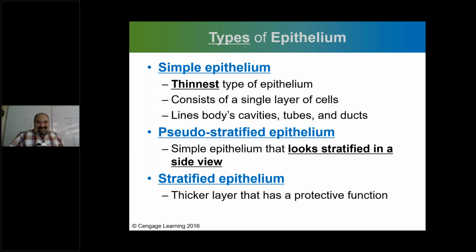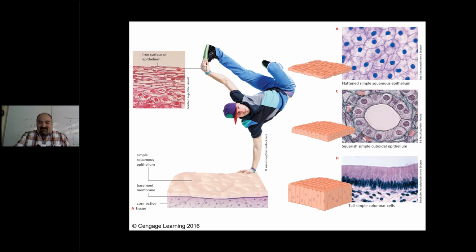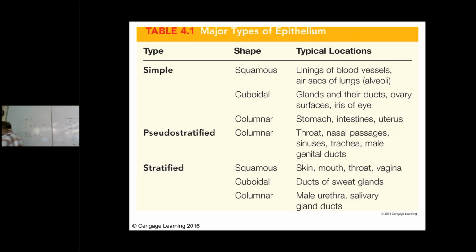I have no idea, very flexible to be able to do that. So next slide, showing you again examples, and also showing you that not only do we have different types of layers, but there are the shapes. The squamous kind of looks like a flat pancake. The cuboidal looks like a cube, like a square. Columnar looks like a rectangle, okay?